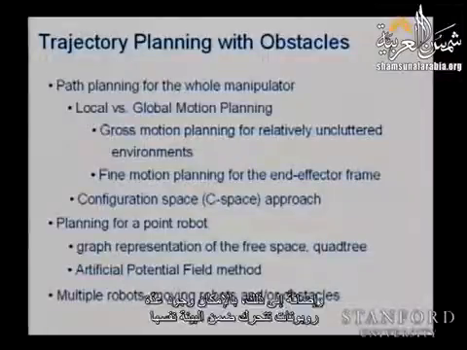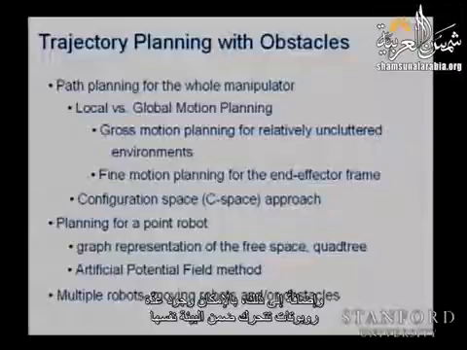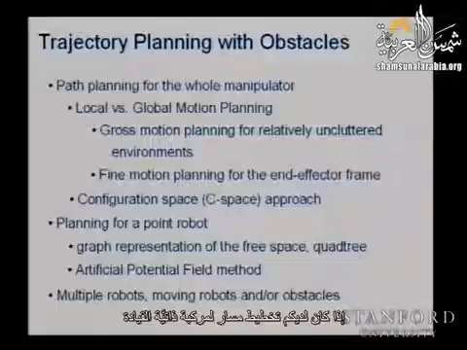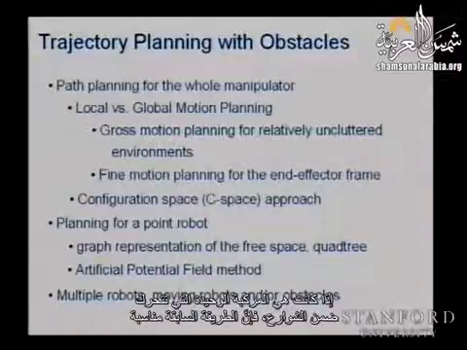And then to add on top of that, you can have multiple robots moving in the same environment. This is very much similar to the video that we saw in the beginning. If you are planning a path for an autonomous vehicle and it's the only vehicle moving on the streets, then it will be the previous approach.